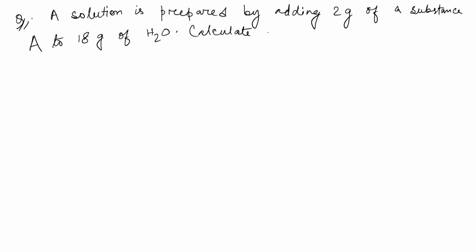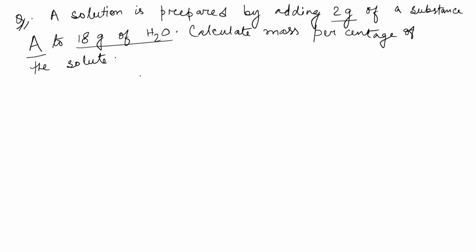Calculate the mass percent of the solute. So, a solution is prepared by adding 2 grams of a substance A to 18 grams of water. Calculate the mass percentage of the solute.